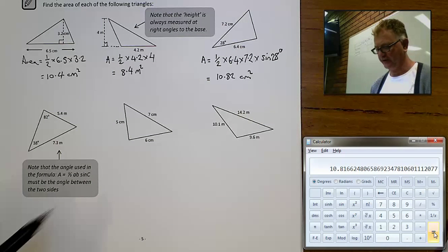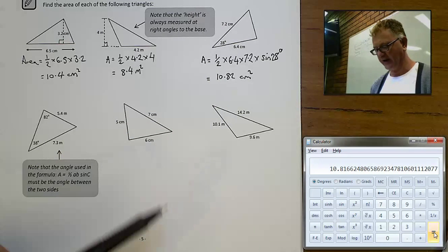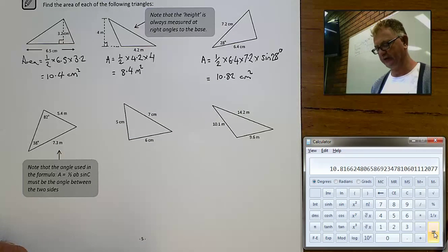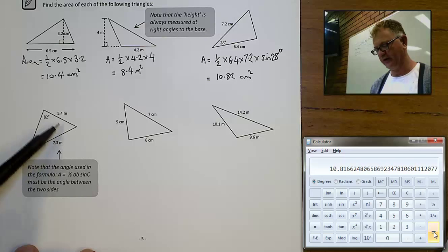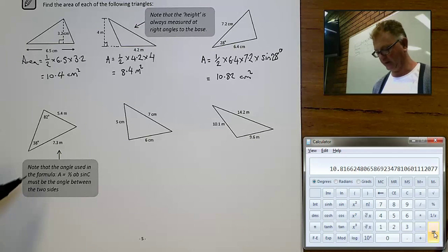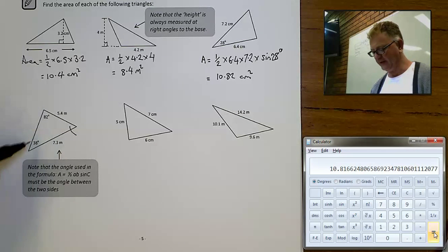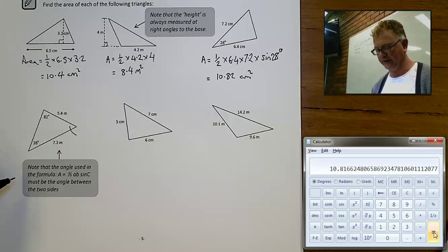Okay, in the next question we have to be a little bit careful. When we're using this formula, half AB times sine of angle C, the angle must be between the two sides that you know. Now we know these two sides, but we need to know this angle. We could work out that angle though, because these three angles have to add together to make 180 degrees.